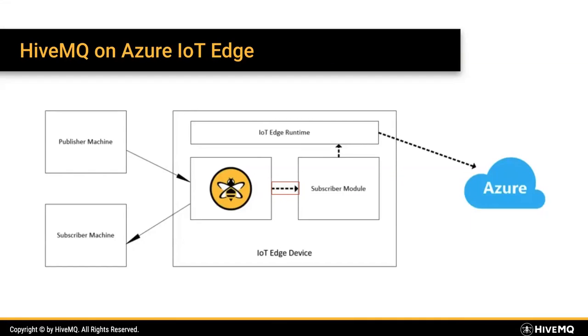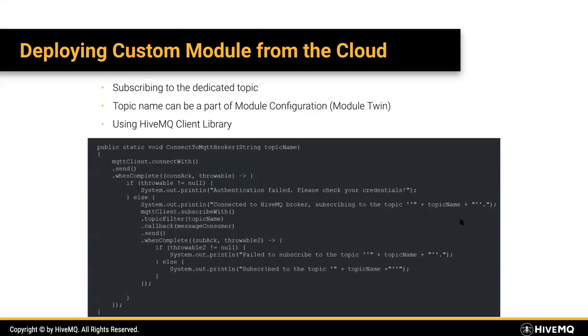How is this communication between a subscriber module and HiveMQ on IoT Edge done? We will see the code snippet on the next slide, which uses the HiveMQ client library, Java based, where we subscribe to a certain topic that is also specified somewhere in the environment variables.